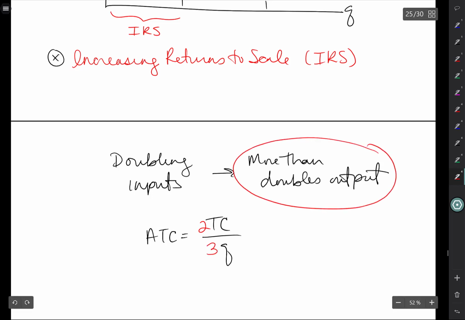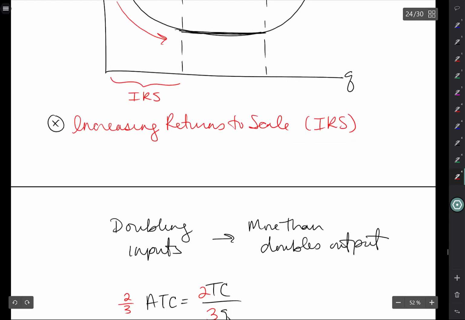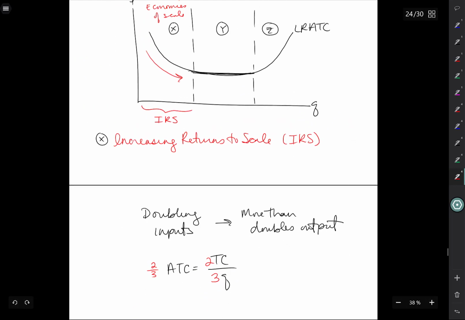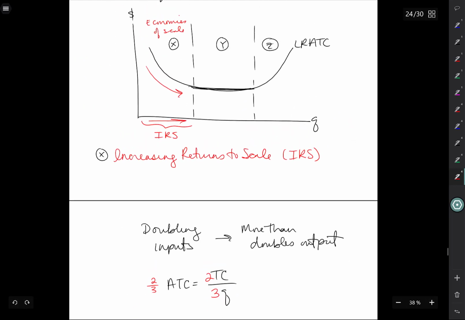Let's say it tripled. It used to be Q, now it's 3Q. You doubled your inputs, which doubled your cost, but your output more than doubled. It went from Q to 3Q. What did you do to your average total cost? You brought it down. Average total cost is lower. And that's exactly what's happening here. As you get bigger, your average total cost is coming down. Why?